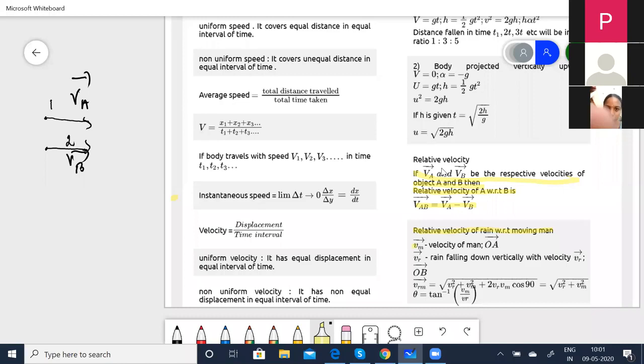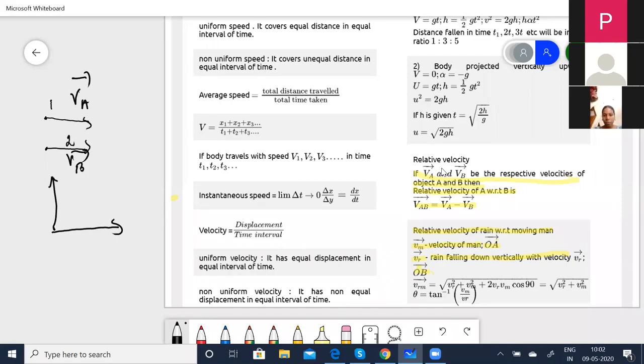So let us take the velocity Vm to be the velocity of man. So let it be in the direction OA vector. And let VR vector be the rain falling down vertically with velocity VR. That is, let it be in the OB direction. Okay. So I can explain like this.